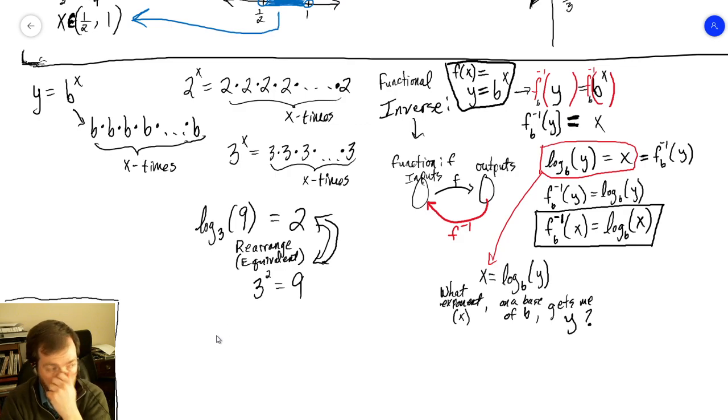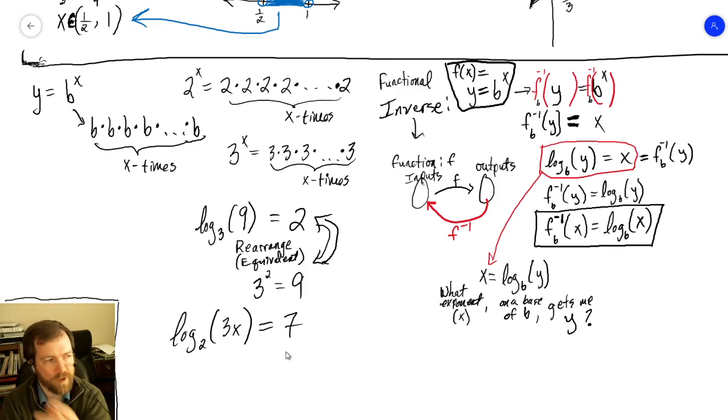So if you want to just randomly do any sort of problem with random variables and numbers and stuff like that, you could do log base 2 of 3x equals 7.